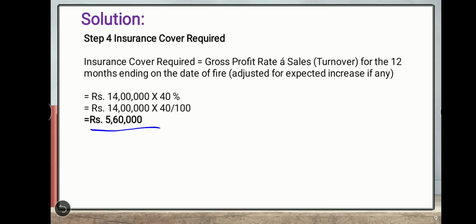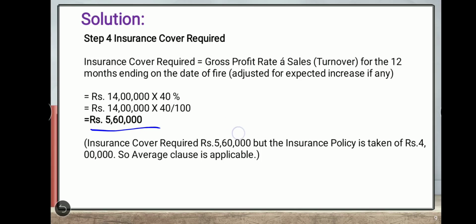So in this example, insurance cover required is 5,60,000, but the amount of insurance policy is given, which is rupees 4 lakh. So there is under insurance, it means average clause is applicable. So please see, insurance cover required is 5,60,000 and insurance policy is taken for rupees 4 lakh. So the average clause is applicable.